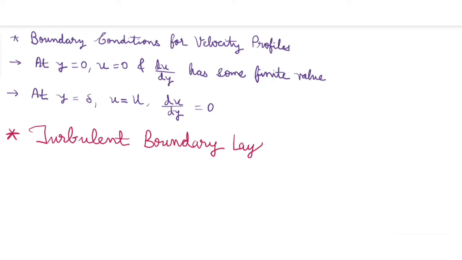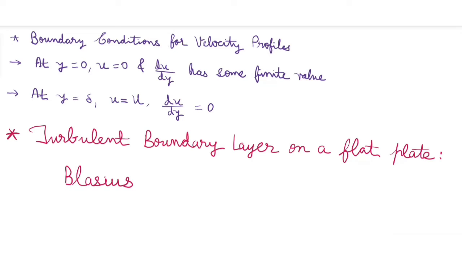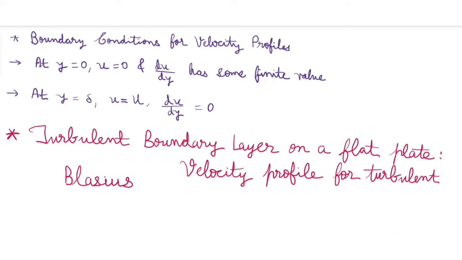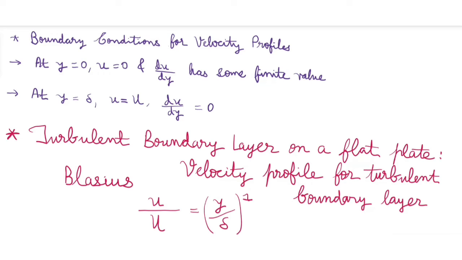For the turbulent boundary layer, the velocity profile equation was given by Blasius and Prandtl, and also the shear stress equation was given by Blasius. The velocity profile given by Blasius for the turbulent boundary layer was a power law, which is represented as u upon U is equal to y by delta raised to 1 upon n. This was the velocity profile equation given by Blasius.